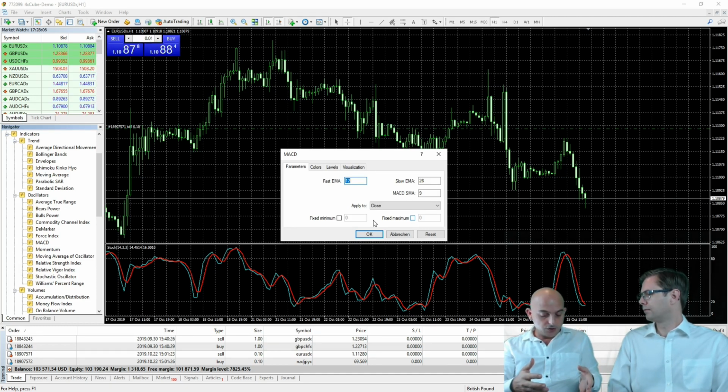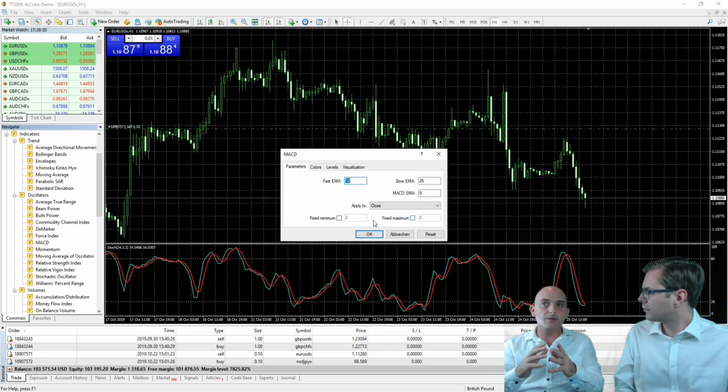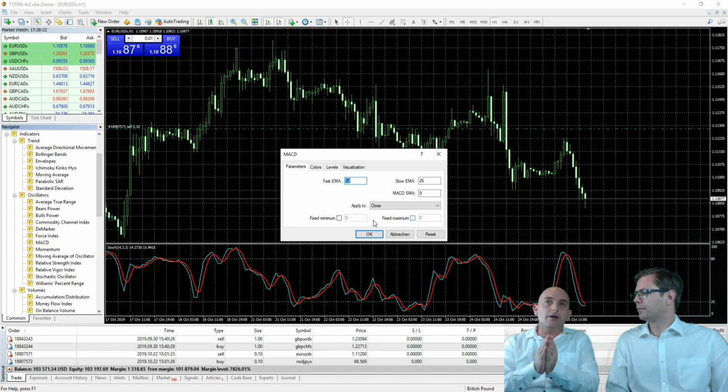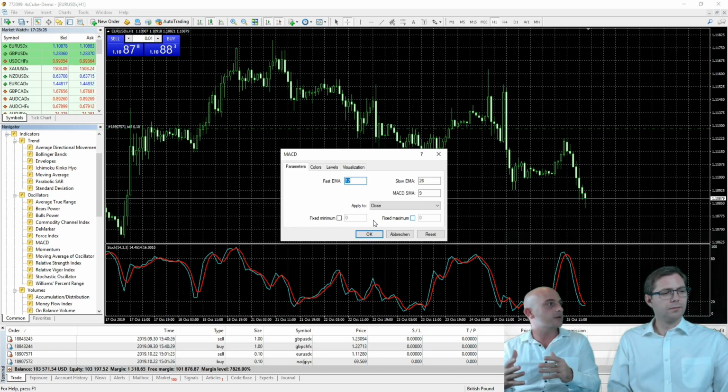It's essentially a 26-day exponential moving average subtracting a 12-day moving average, and that is not just going to give you a 14-day. That's not how MACDs work. A 14-day moving average would be something different.